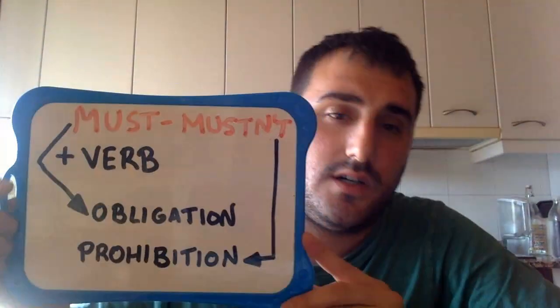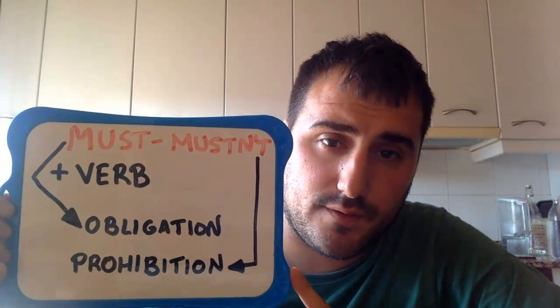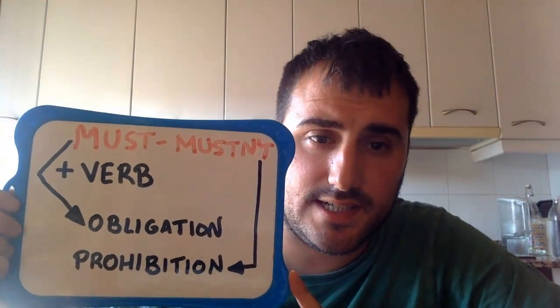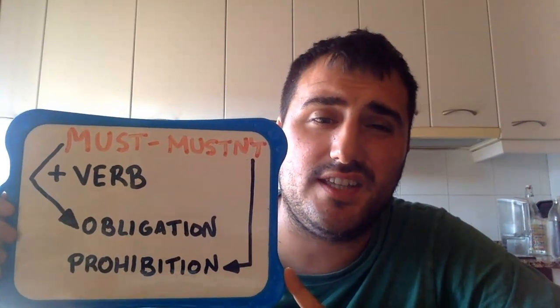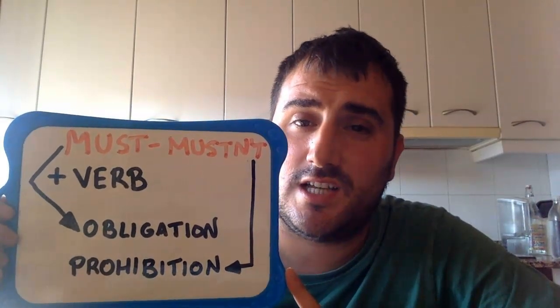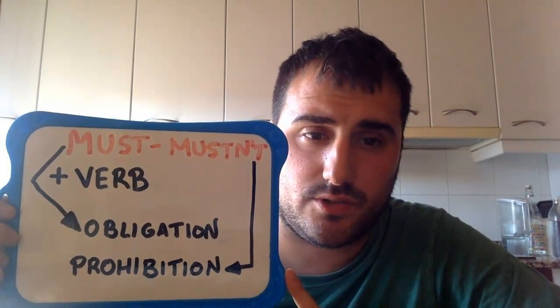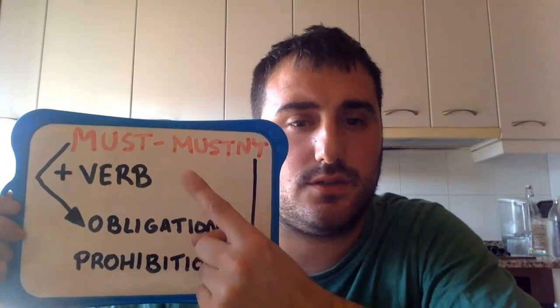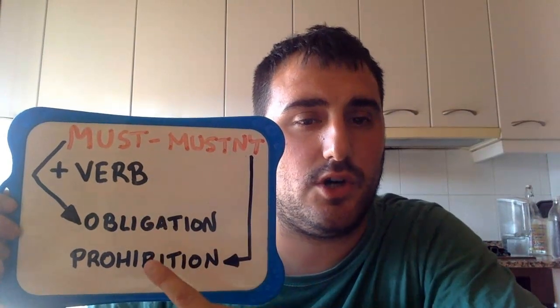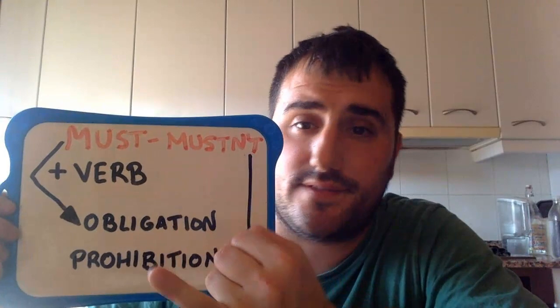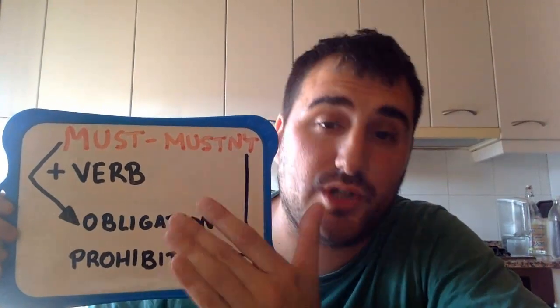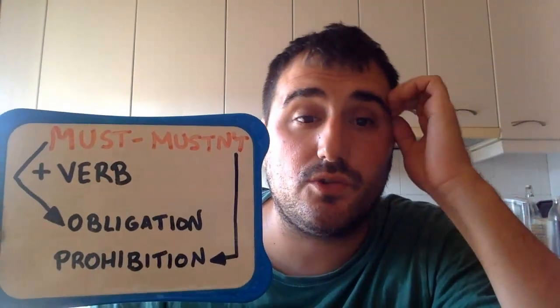So now I want to show you the next pair of modal verbs. We've got must and mustn't. This one you could think is opposites, but actually they are not opposites. We use must to speak about obligation, something you must do because your parents say so, or the law or the police say so, or the teachers at the school say so.